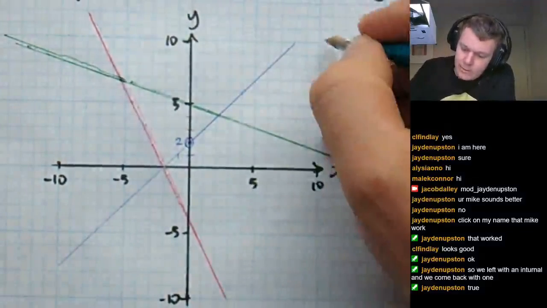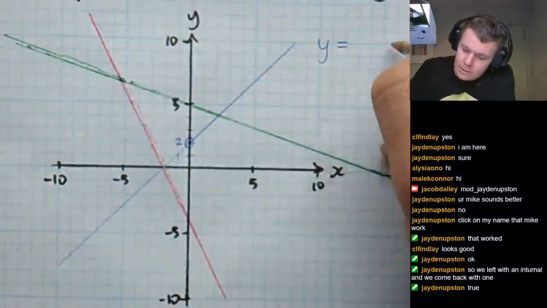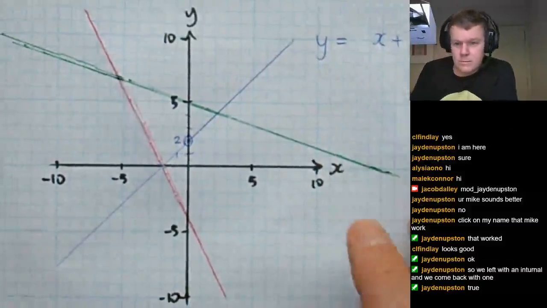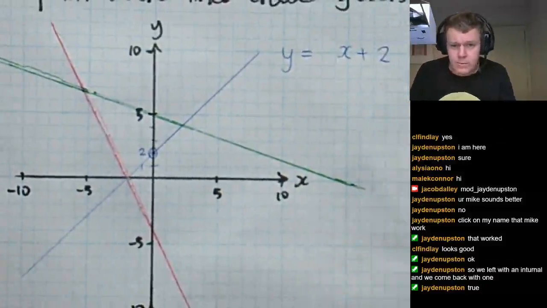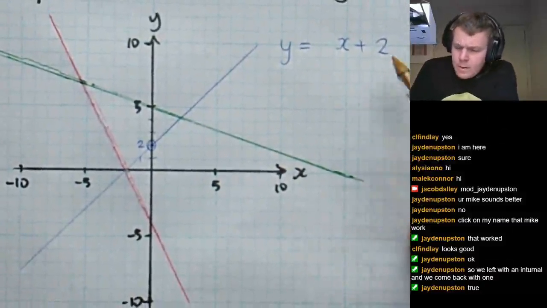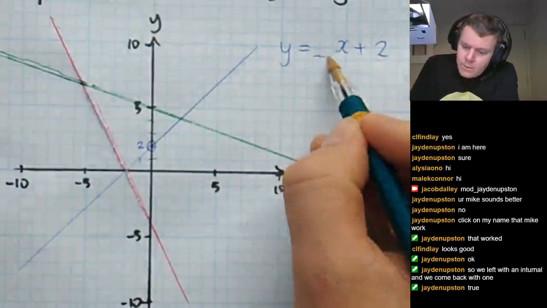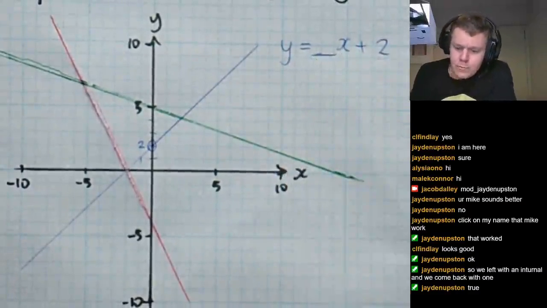We've got an equals there, y equals mx plus c. I've put the y-intercept where the c is, and I've still got to figure out my gradient.